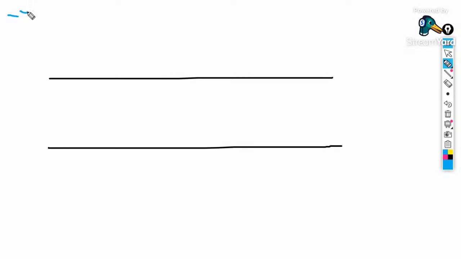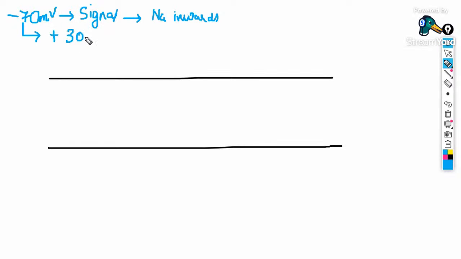Minus 70 millivolt will create a signal. That signal will pump sodium inwards. That changes this minus 70 to plus 30 millivolt. Okay, plus 30 millivolt. Next we have the next set, that is the potassium channel.